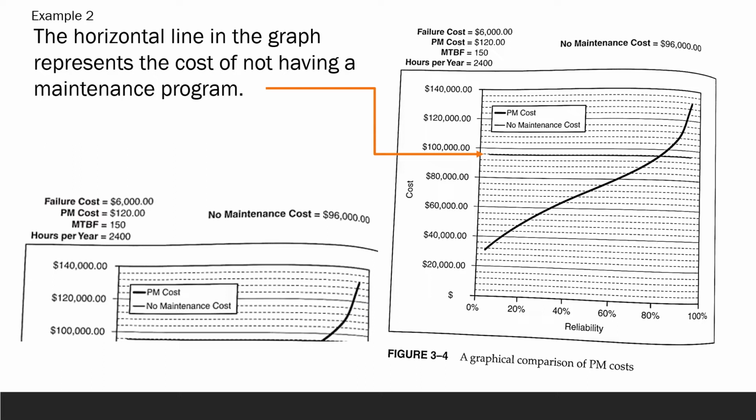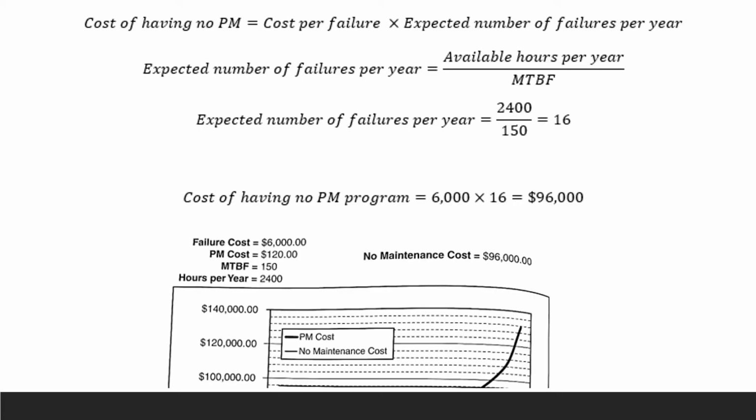When you take a look at the graph, you see this little black line right there, and that is showing you the cost of not having a maintenance program. That is $96,000. So let's do a calculation to see if it's meaningful to run PM at this rate.